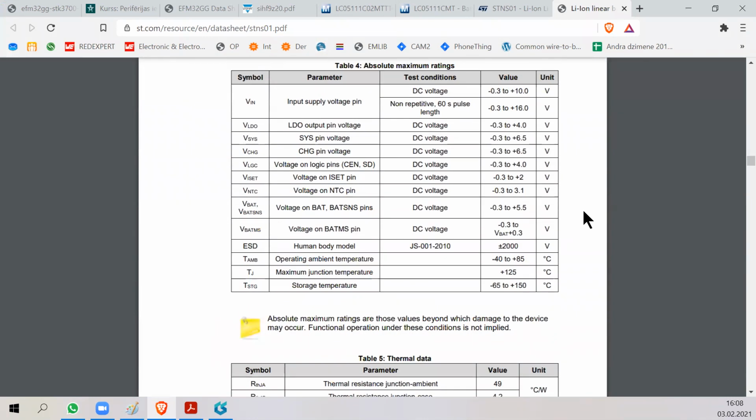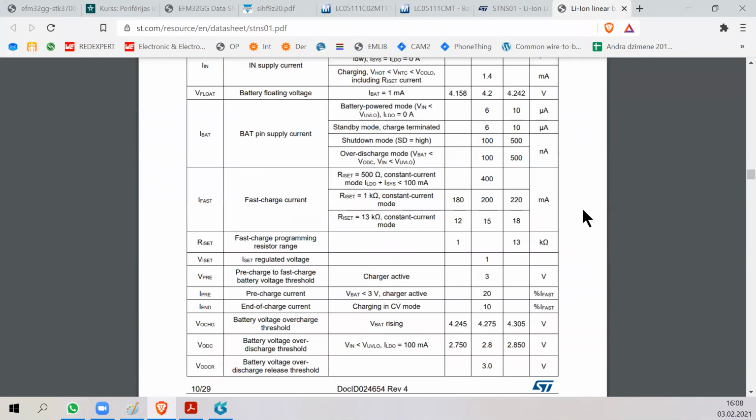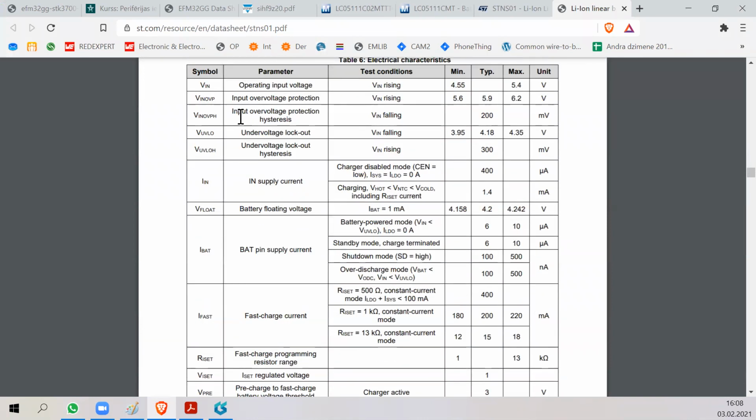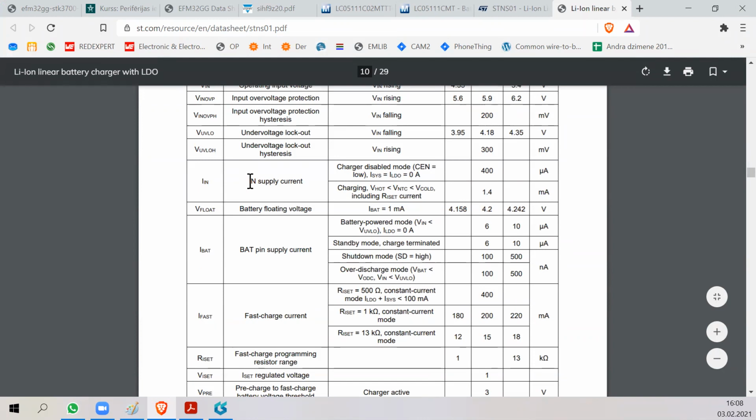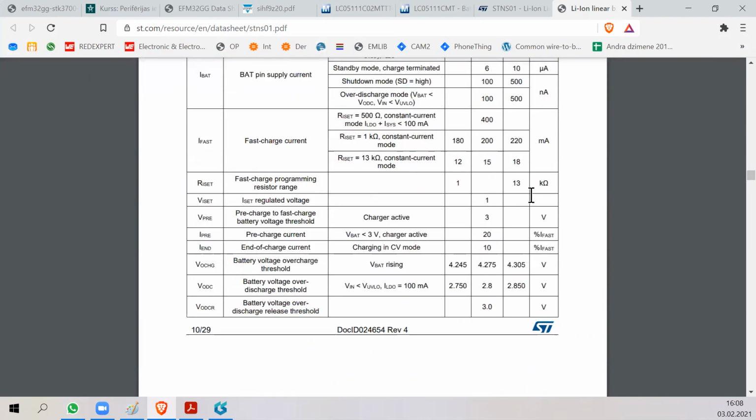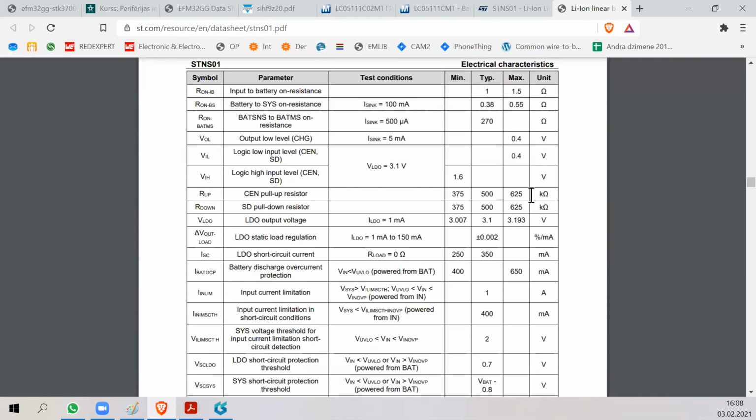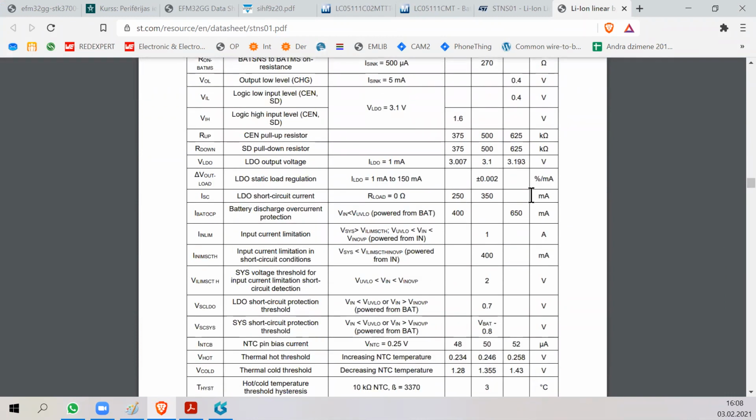LDO output current... it doesn't even say. Oh yeah, LDO short circuit current 250 milliamps. Just for your information.